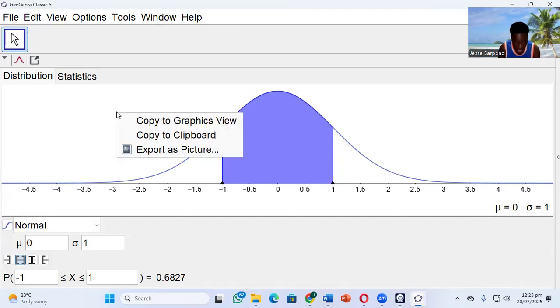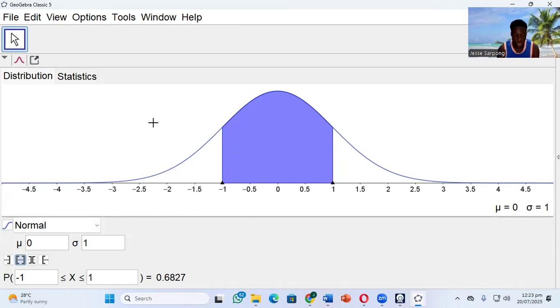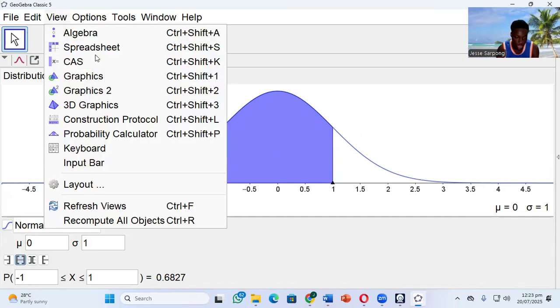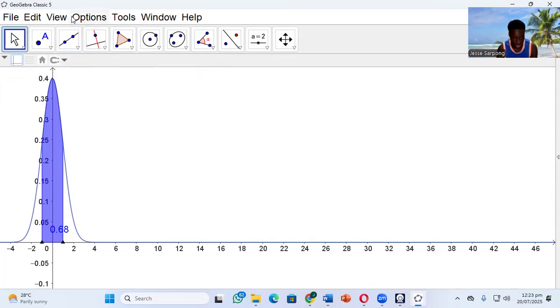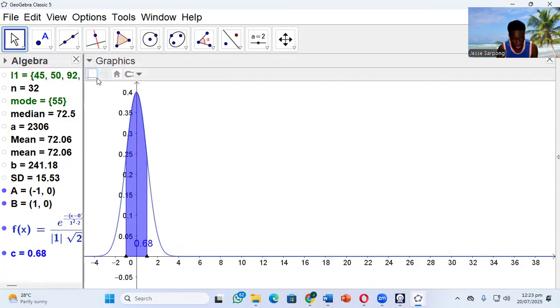You can go here, right click, then copy to graphics view. Then we go to our graphics view here. When we go to graphics view, we can see. Let me go to view again. Let me do the algebra. Then I name the grid.